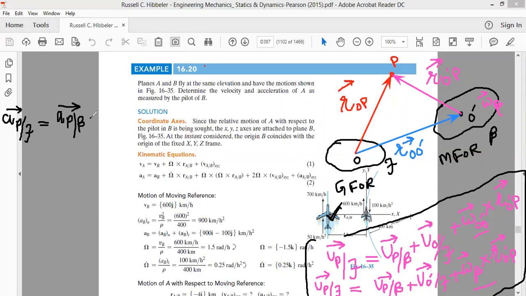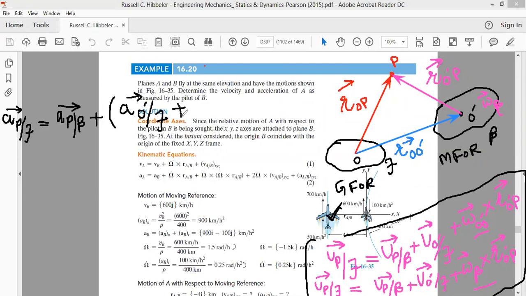Plus acceleration of O dash, the origin of the moving frame of reference, with respect to ground.